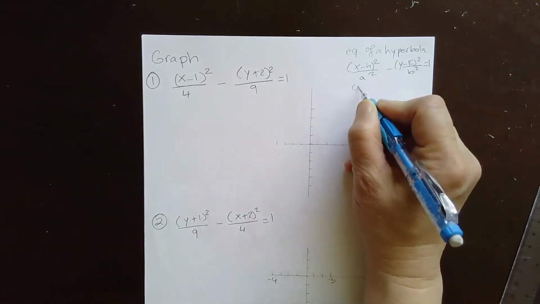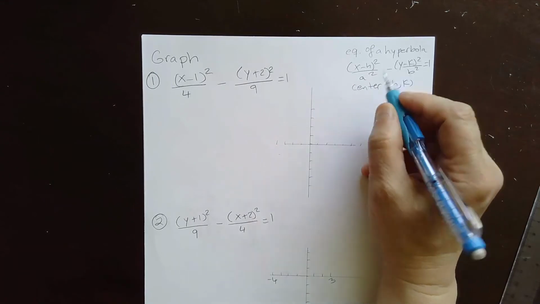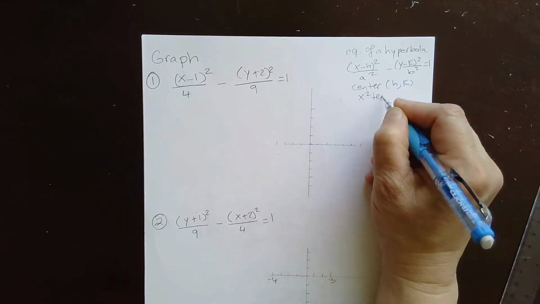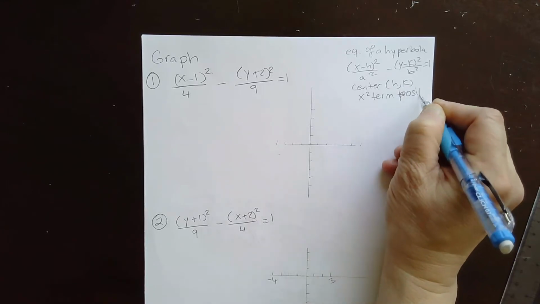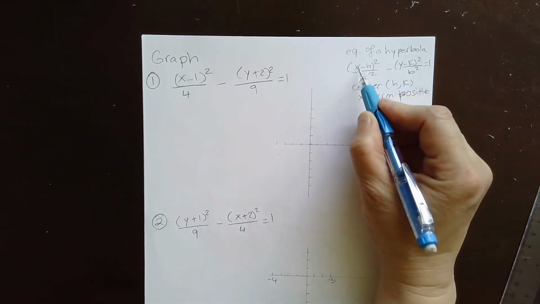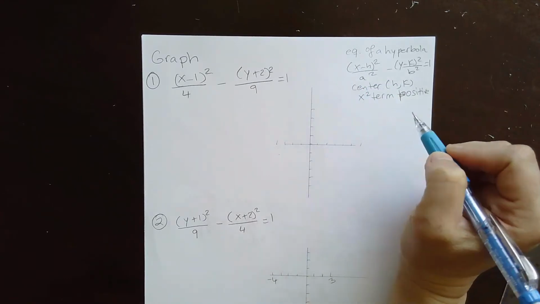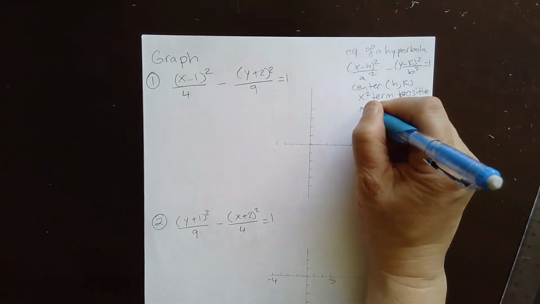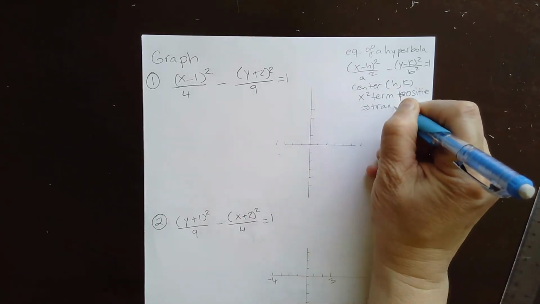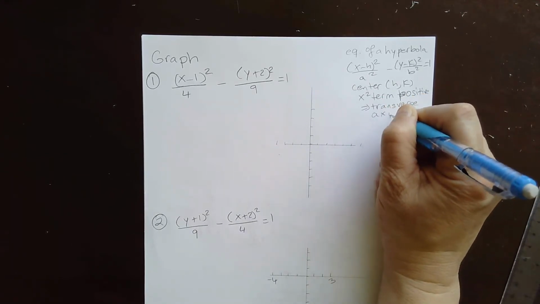So the center here is (h, k). Since the x² term is positive, because this will expand to become x² with a positive sign in front of it, the transverse axis is horizontal. And that's what we have in our example.